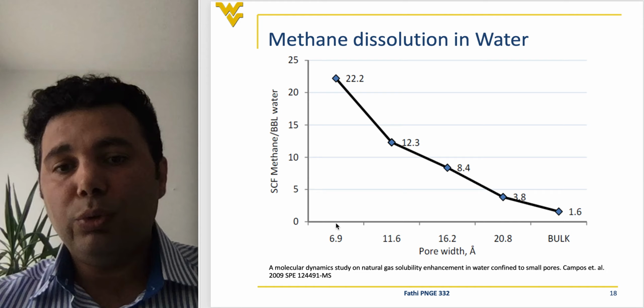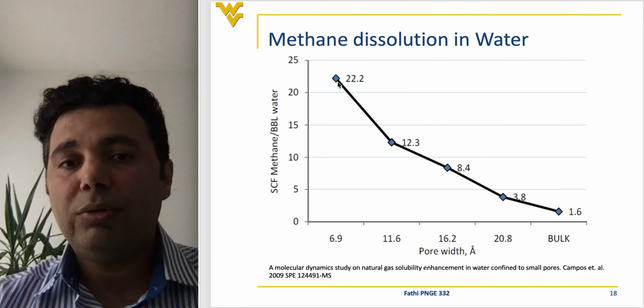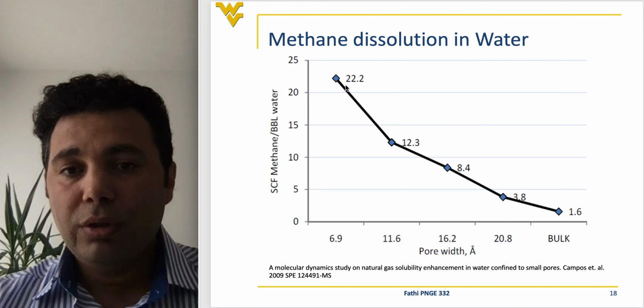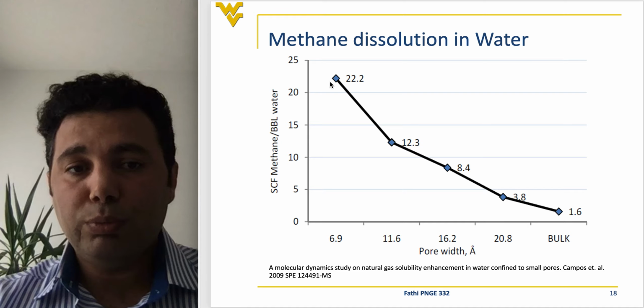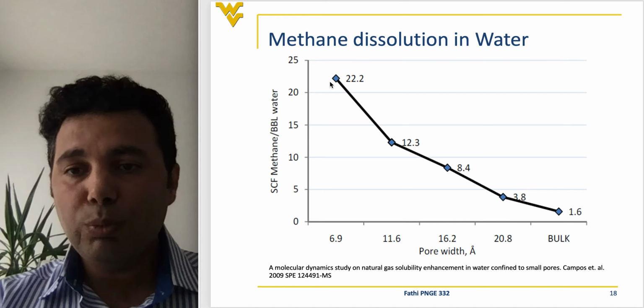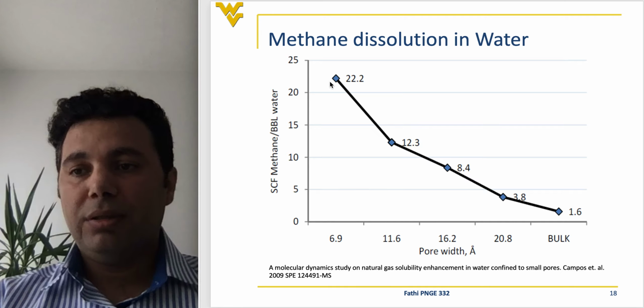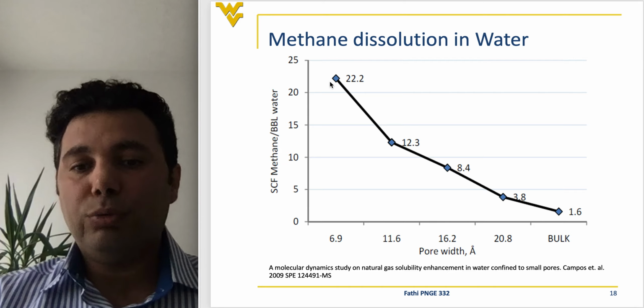And if you continue and go to 0.69 nanometer, the amount is 22.2 standard cubic feet. So from 1.6 to 22.2, like 20 times more gas can be dissolved in water if you simply shrink the size of the container and make it a nanotube.